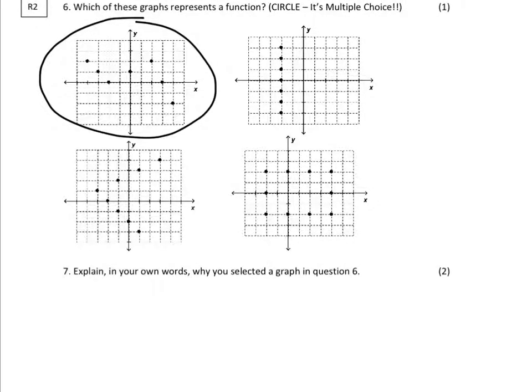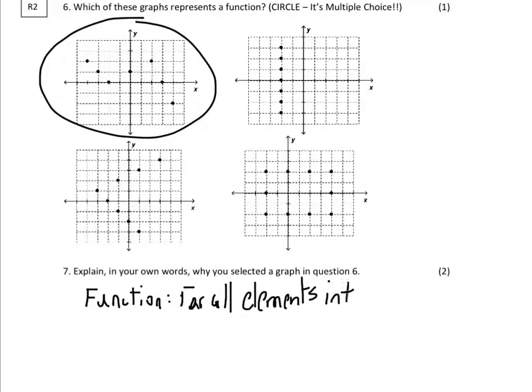Explain in your own words why you selected a graph in question 6. Well, I go back to the definition of a function. For any function, for all elements in the domain, these are the x values, there is only one value in the range.